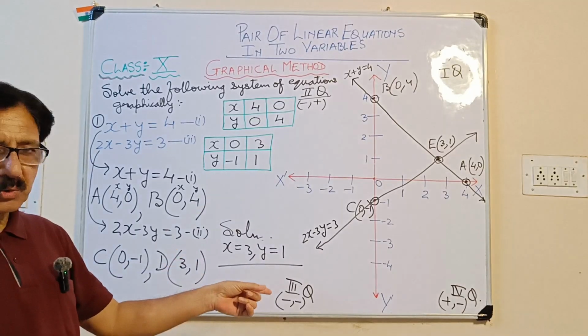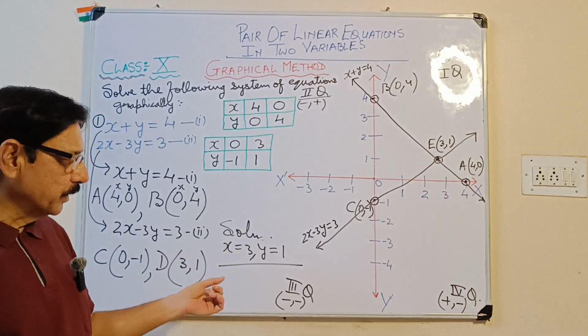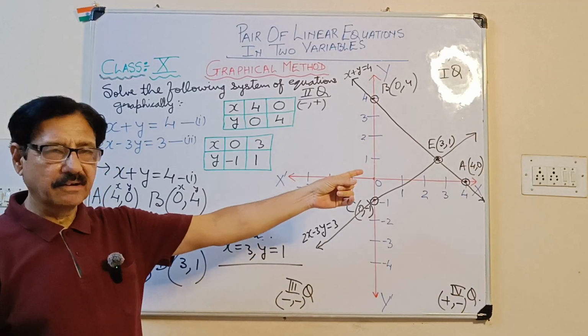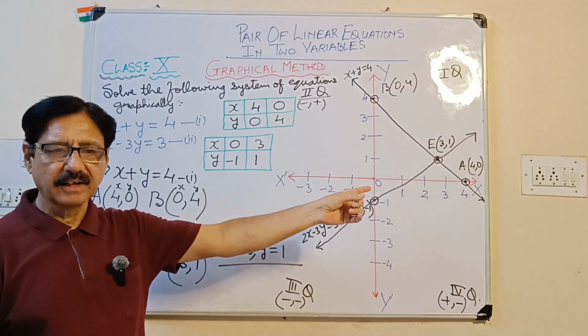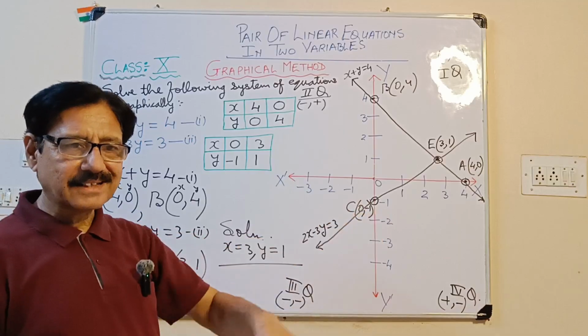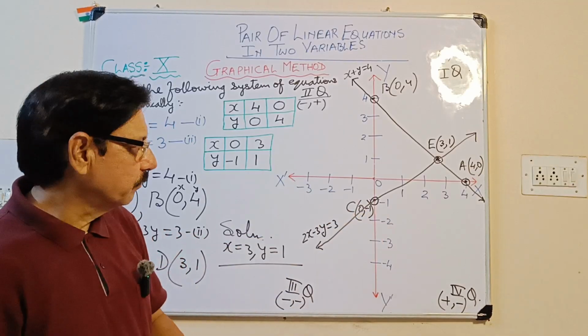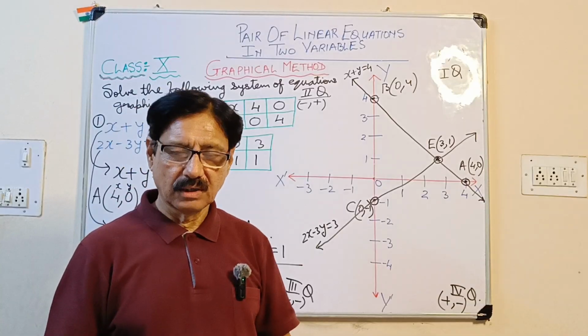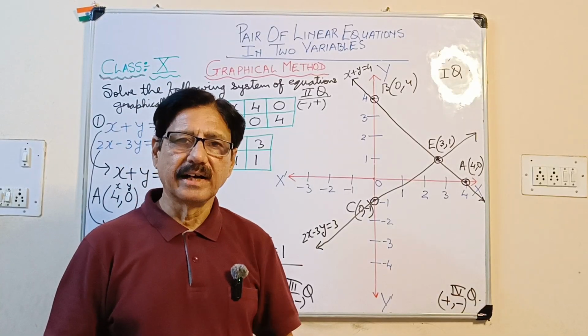So we will get a unique solution, x is 3, y is 1, and graphically we are getting intersecting lines. So in the next class we will discuss the second case, coincident lines.